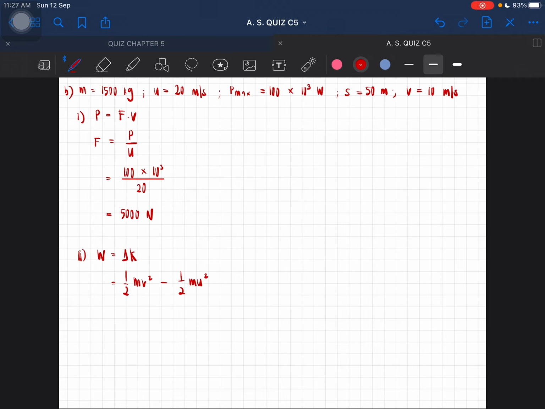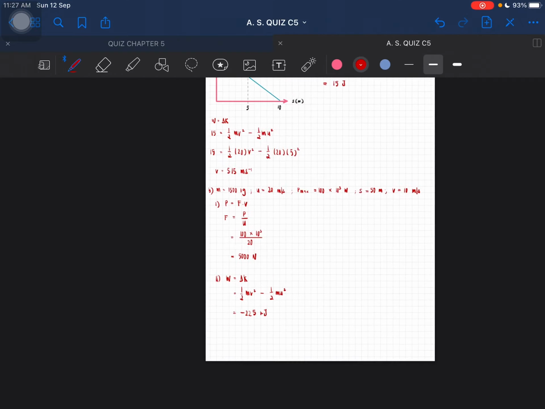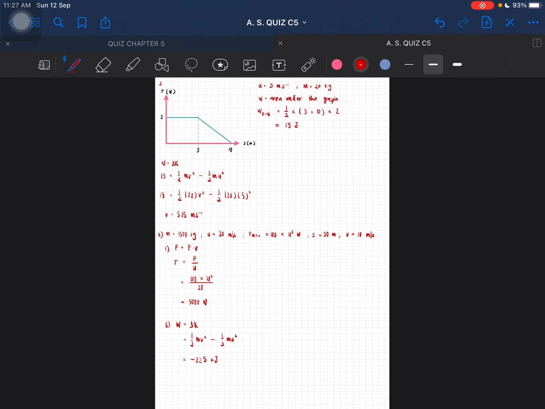We have all the values. We have v, we have u, we have the mass. So we can just directly plug it into this equation, and you should get the work done to be equal to negative 225 kilojoules. Alright, so this is your solution for question number 3 of quiz chapter 5.